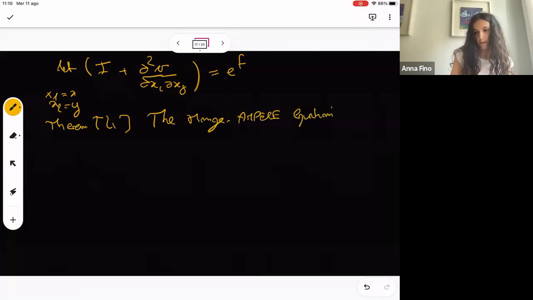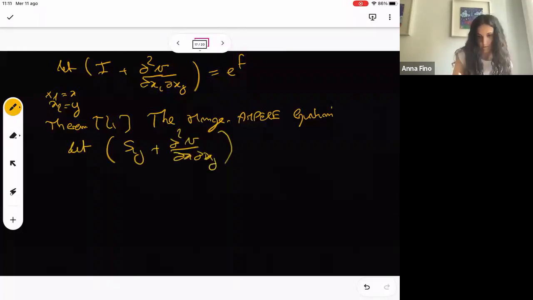is not only on the two torus, but in general on Tn, the determinant of I plus Hessian equal to e^F.